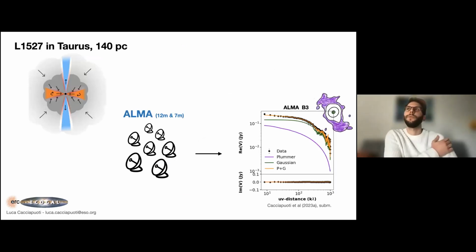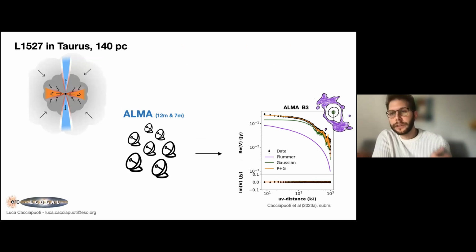The object we study is L1527 in Taurus, an object that is very close and very bright. It's also young, and protostars are kind of rare objects because of the timescales involved. So you have a lot of archival data with ALMA.